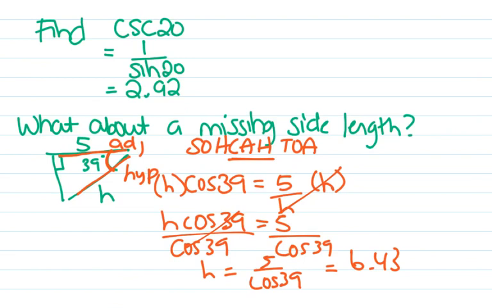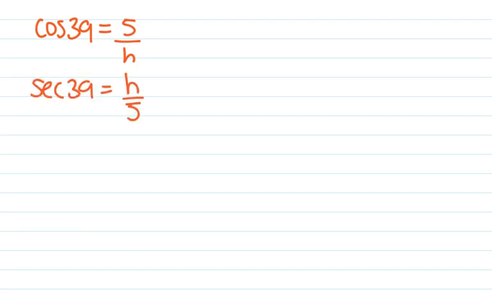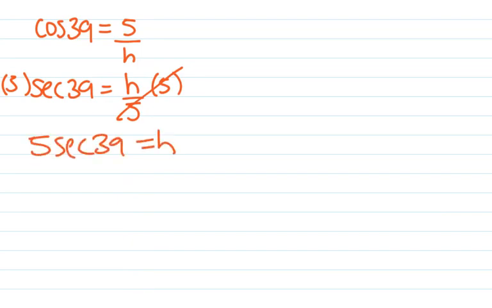Or the other way you can do this is you can say cos 39 equals 5 over h. So therefore, secant, which is the reciprocal of cos, secant 39 equals h over 5. Multiply both sides by 5. Cross that out. So 5 secant 39 equals h.